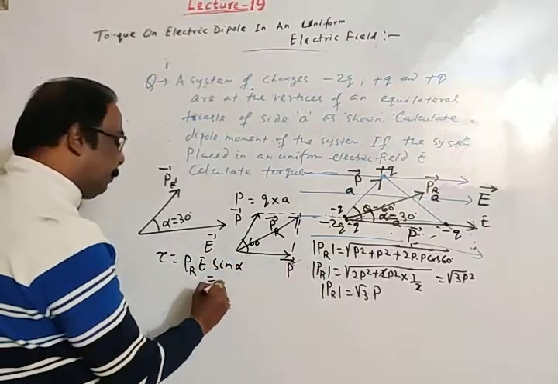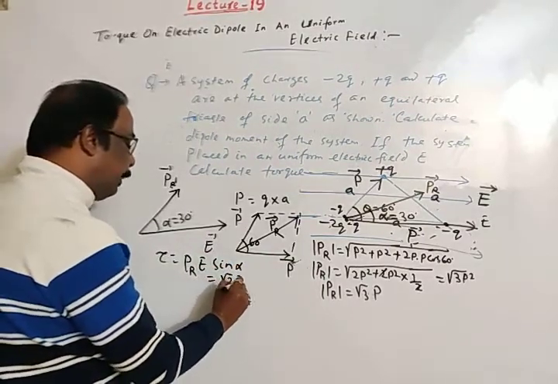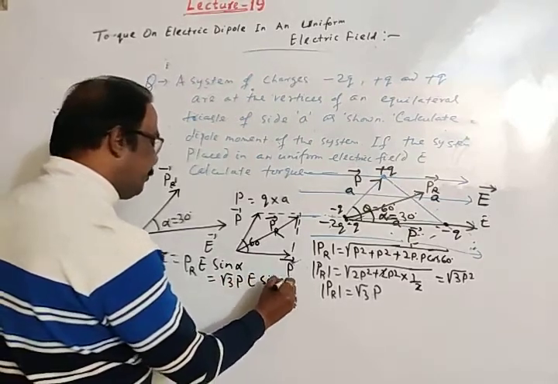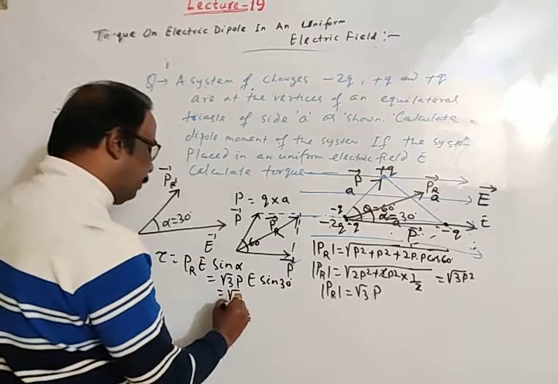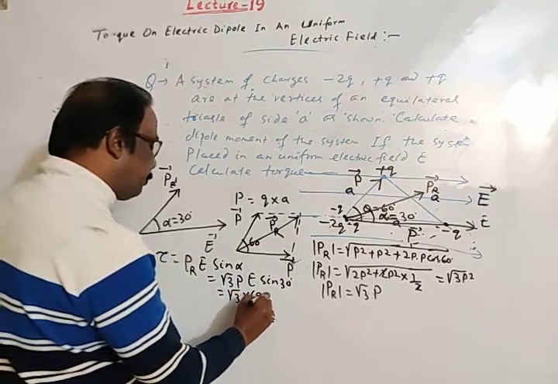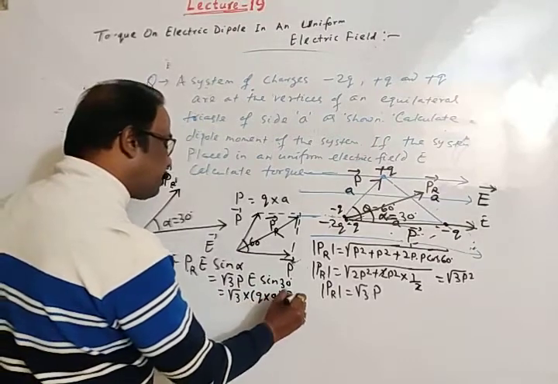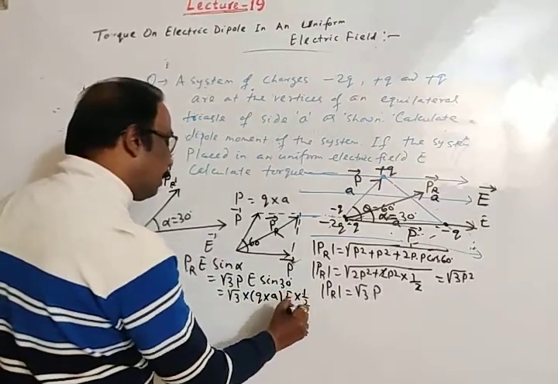Then it is root 3P into E into sine 30 degree. In place of P, you can write Q into A. Sine 30 is 1 by 2.